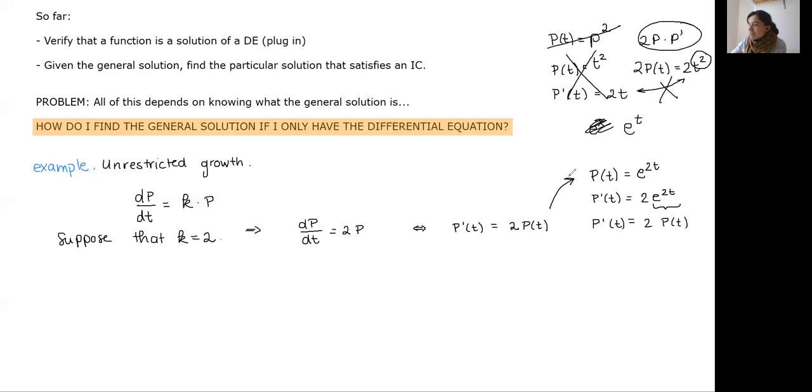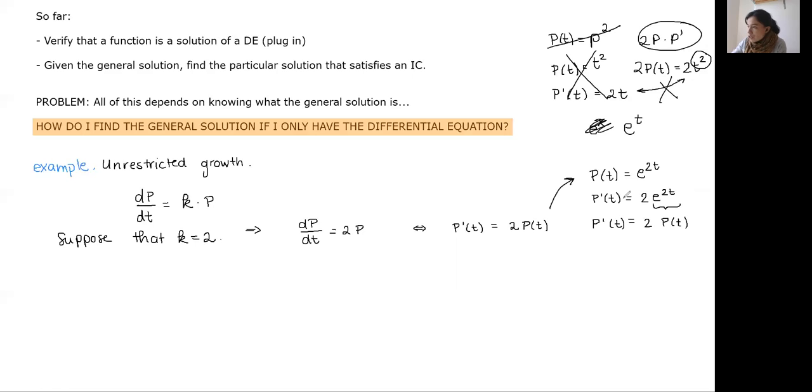So what I'm asking you to do here is to think about a function whose derivative is twice the original function itself, right? So for example, if I think about the function e to the power of 2 times t, when I differentiate that function, I get the same derivative of the outside, so e to the power of u, and then I have to multiply by the derivative of the inside, right, which is 2.